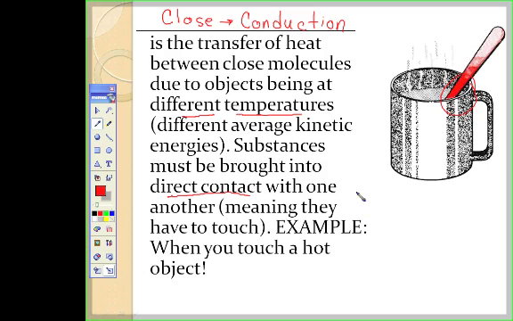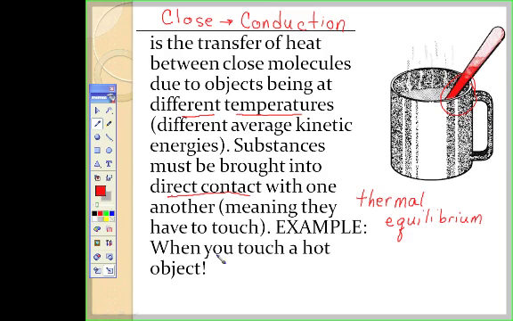This is going to continue until the 2 objects reach thermal equilibrium. Thermal equilibrium is when the heat transfer ends because you now have both or all objects at the same temperature.